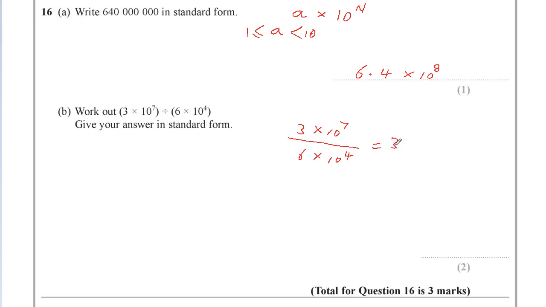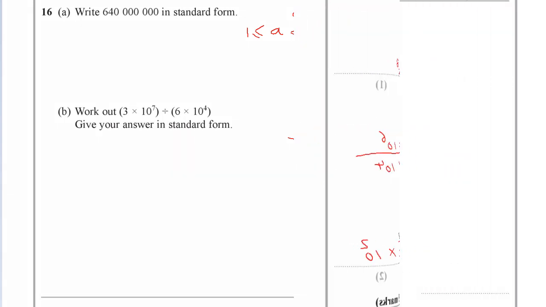So that's going to be 30 times 10 to the 6, over 6 times 10 to the 4. We can cancel that down. 6 into 30, 5 times. So we end up with 5 times 10 to the, the rule here is we'll subtract these. 6 minus 4, 2. Okay, that's that one done.